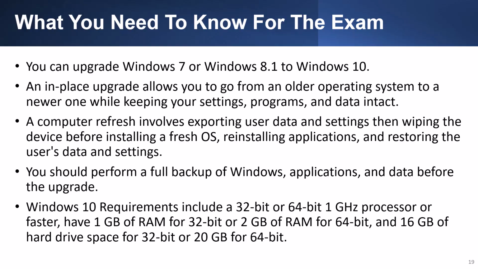You should perform a full backup of Windows, applications, and data before the upgrade. Windows 10 requirements include a 32-bit or 64-bit 1 GHz processor or faster, 1 GB of RAM for 32-bit or 2 GB of RAM for 64-bit, and 16 GB of hard drive space for 32-bit or 20 GB for 64-bit.